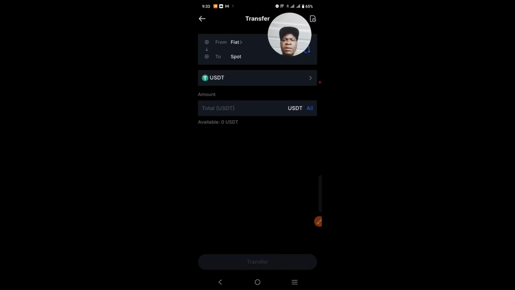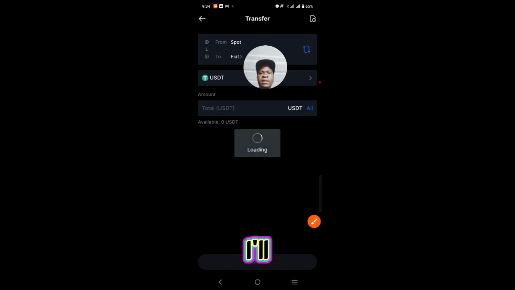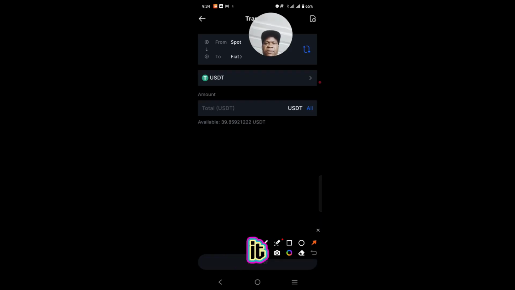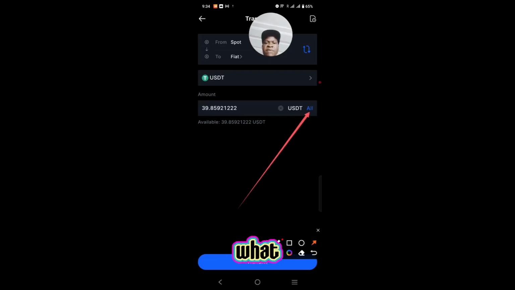Now I will click on this toggle to move it. The spot ought to be on top and the fiat has to be at the bottom. So I'm going to tap on that toggle button, and then the USDT will appear here at the bottom. As you can see, it has appeared. So if you tap on the all button, for example, this all button, that's what I clicked on.